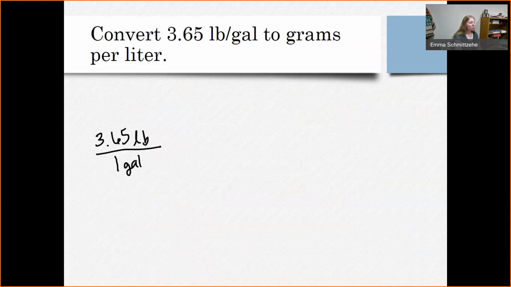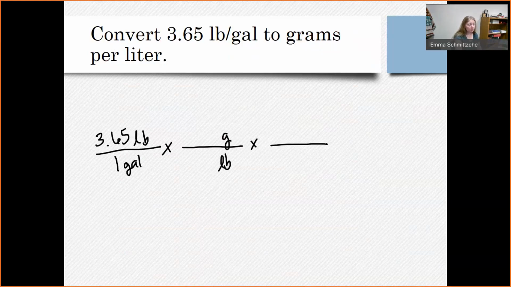So I'm writing 3.65 pounds per 1 gallon, just to make this a little more clear. It's a little easier to see how dimensional analysis is going to work, because the gallons is on bottom. Now, I don't want pounds, so I'm going to put pounds opposite, and I want grams, right? I don't want pounds per gallon, I want grams per liter.